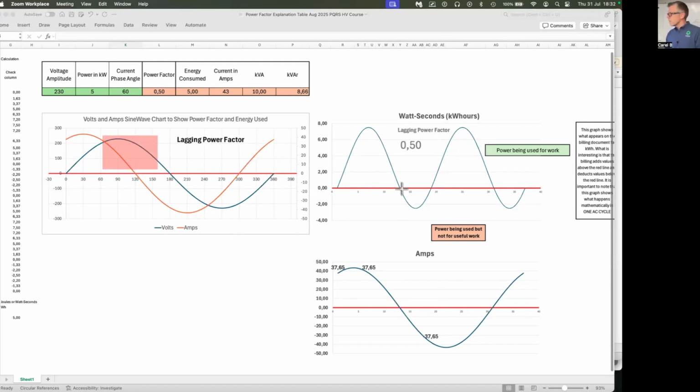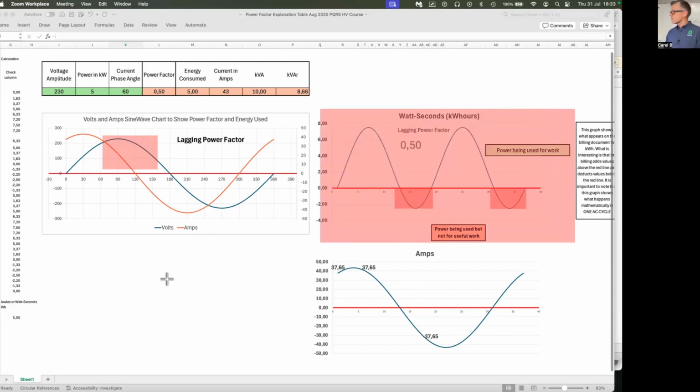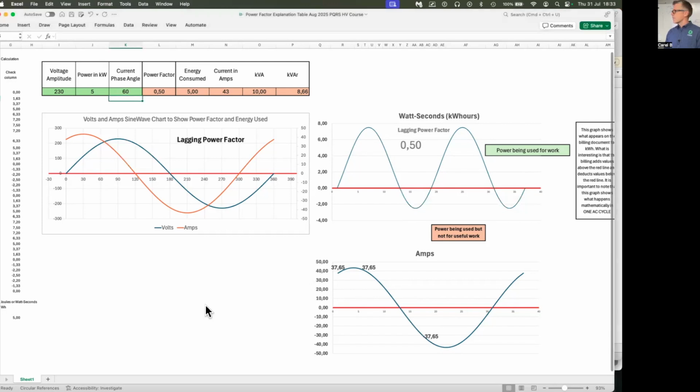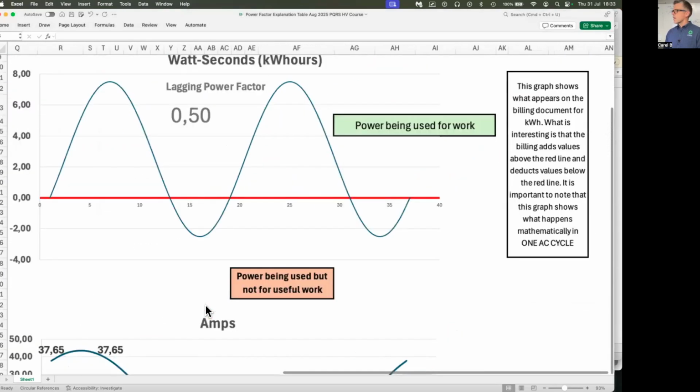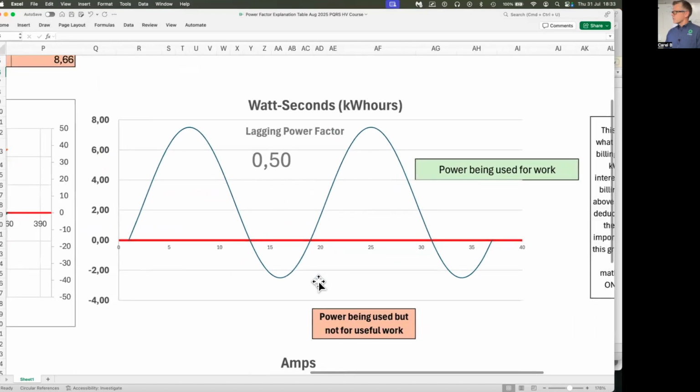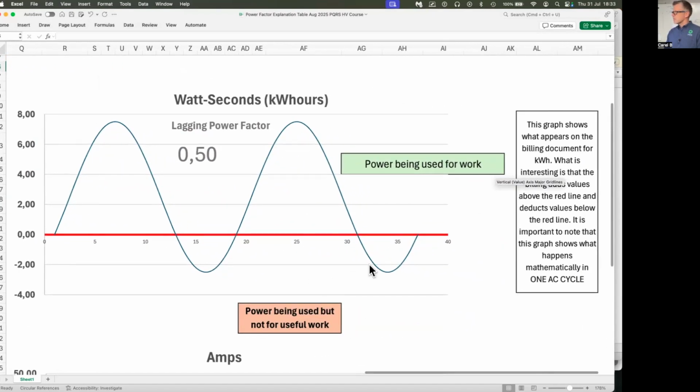And what is also evident now is that previously we just had a line above the red line, but now we have a portion below the red line. So at the moment, I'm looking at this graph over here. Maybe what we should be doing, let me take that away and that away. So that's the graph I'm looking at the moment.